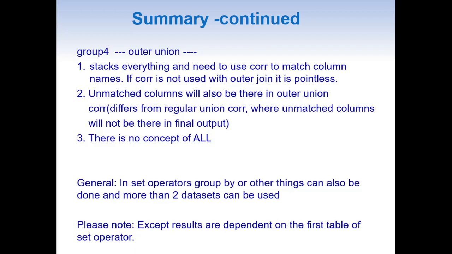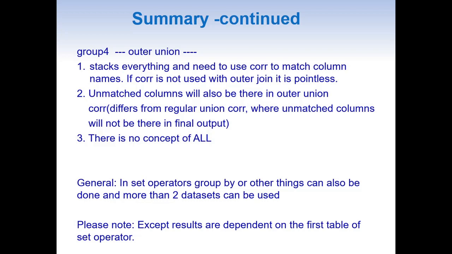In outer union, everything gets stacked and we always need to use the corr keyword to match column names. If we do not use corr, the whole outer union concept becomes pointless. Unmatched columns will be there in outer union corr, which is different from regular union corr, where unmatched columns will not be there in the final output.